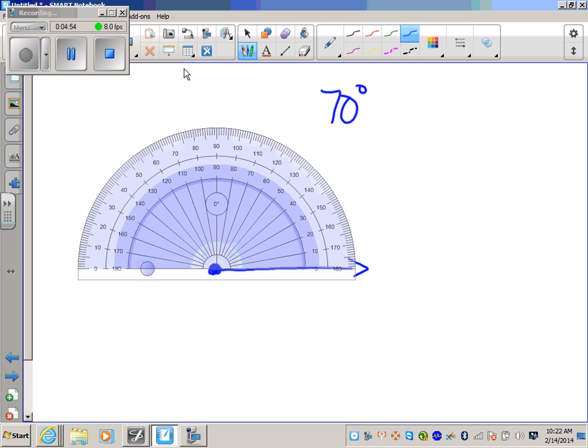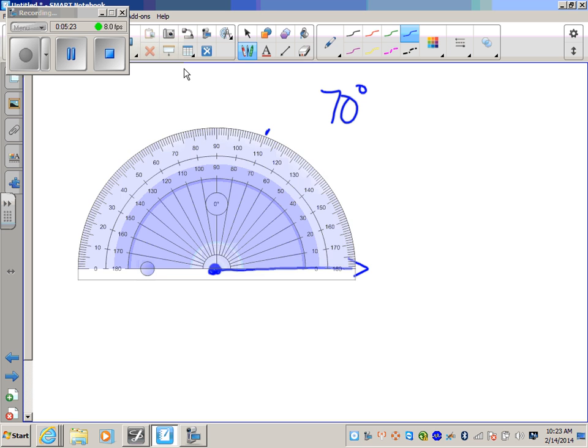Once you have aligned your vertex on the protractor where it's supposed to be, and I've got my bottom ray lined up on the bottom line, I know that 70 is going to be less than 90, so it's got to be somewhere in here. All I do is put myself a little mark there.